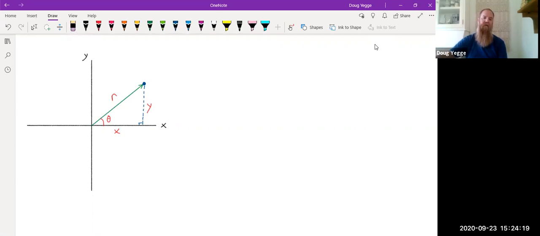But now, what if we were to think of this not in terms of the x and y axis, but in terms of the real and the imaginary axis? Then that point would no longer be an ordered pair.